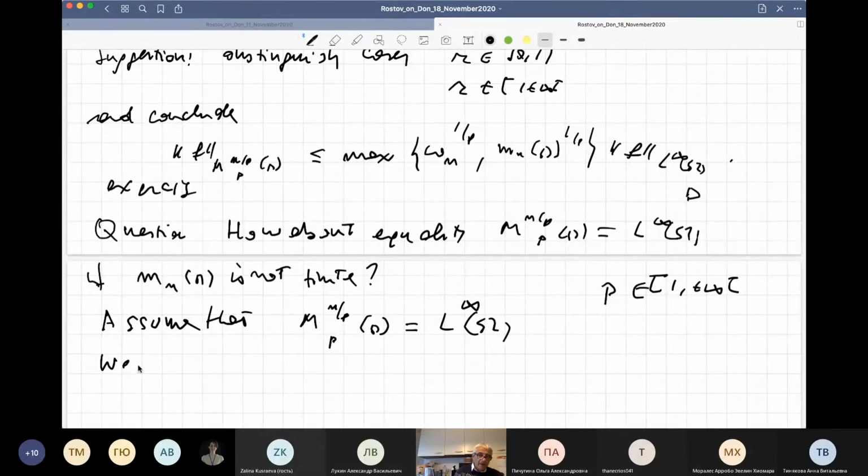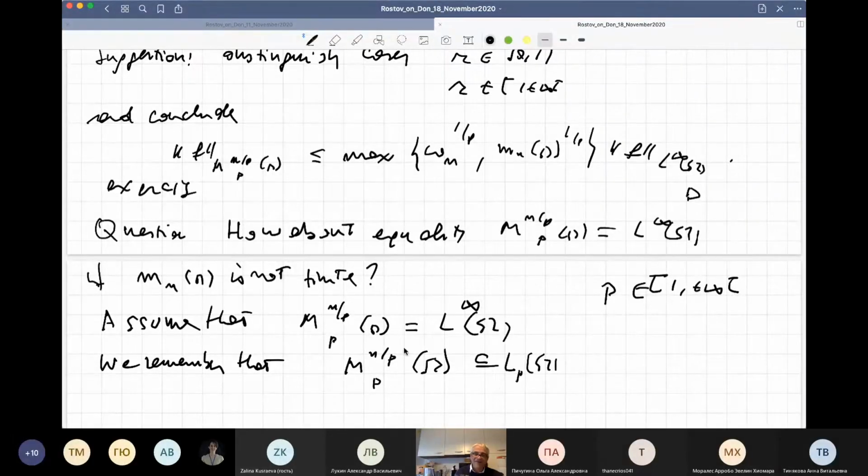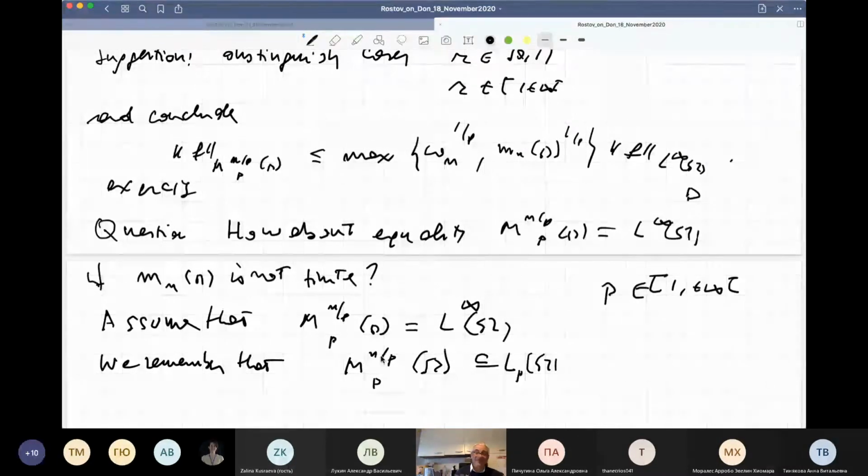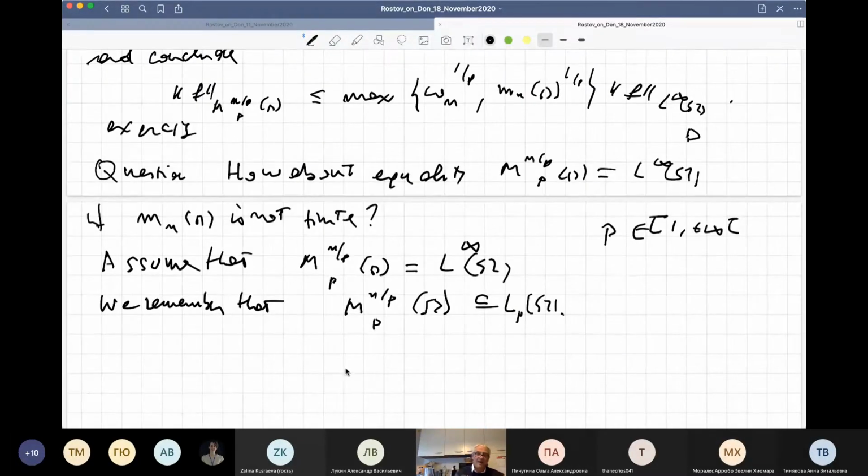We remember that M(n) over P, we said this before, was contained in LP omega. As a matter of fact, this space M(n)P over P is the intersection of the Morrey with R to the minus n over P with LP. So it's obviously contained in here. And by definition, you remember this.